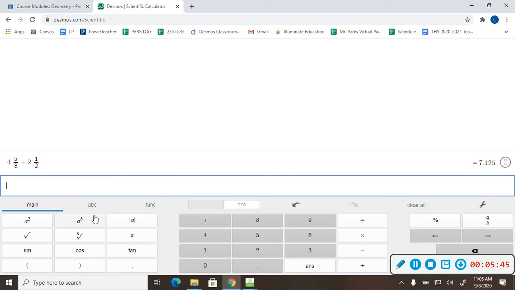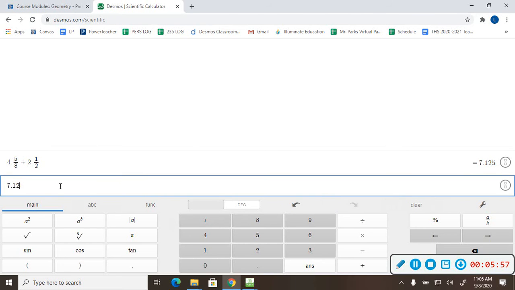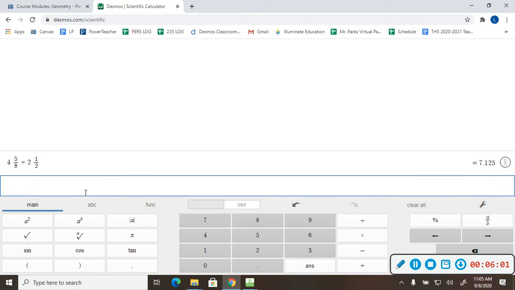I'm not familiar with Desmos, but there might be a way to even convert these back to a fraction, but nope. I know on the graphing calculator you can. But we could put 7.125.